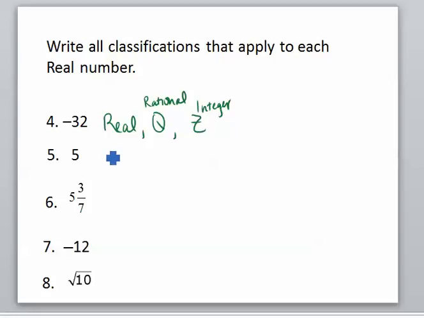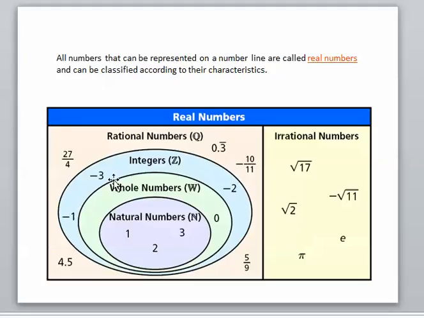The next one is a real number. It's rational. It's an integer. It is a whole number, and it is a natural number. The reason why it's a whole number, even though it's not 0, is because whole numbers are 0 plus all the natural numbers.